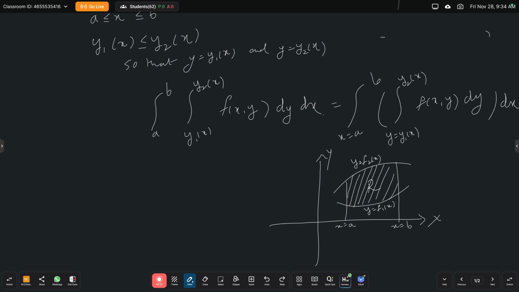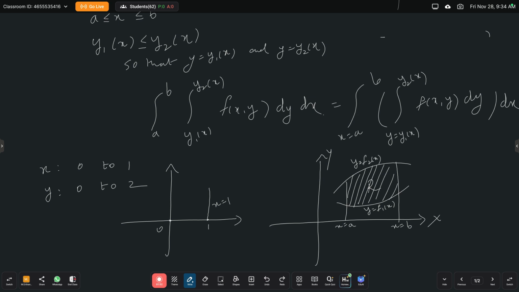For example, if both the limits are constants, x limits are 0 to 1, y limits are 0 to 2. How can we define this in the two quadrant system? We can define x limits from 0 to 1. X equal to 1 is called an ordinate, parallel to the y axis.